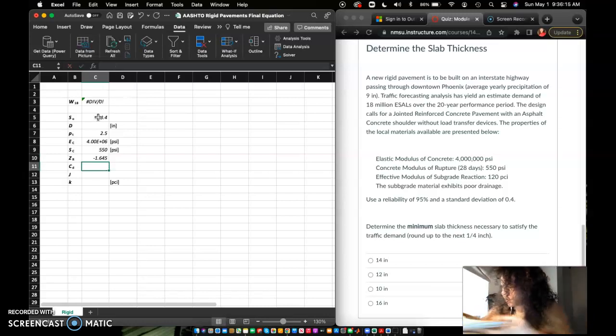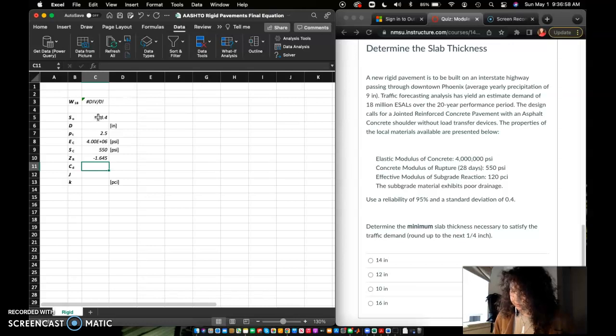Drainage coefficient. From table 12.20, we have poor drainage, and we have 9 inches of precipitation. So I'm going to go to the range 1 to 5%, and I'm going to stay on the lower bound.